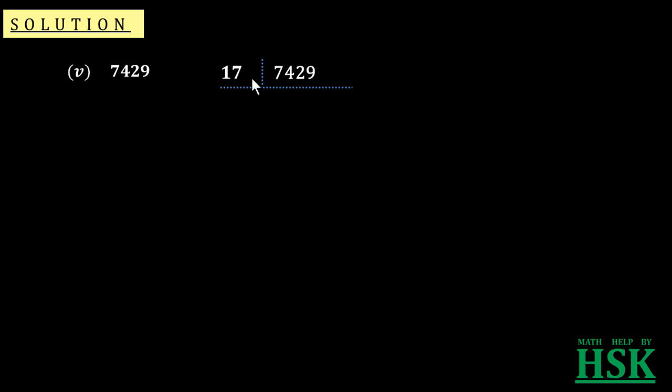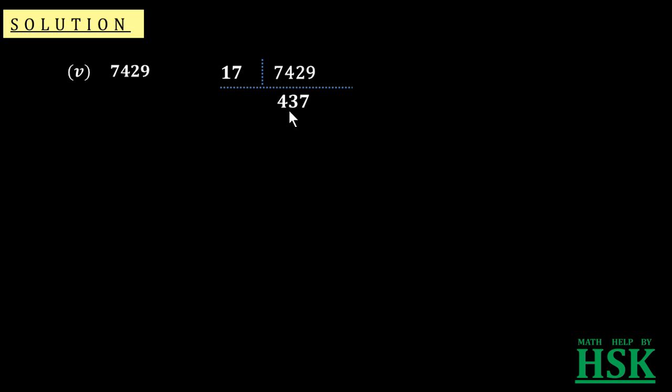When a number is divisible by 17 and not divisible by the smaller prime numbers, this means that the remaining quotient would be divisible by a prime number equal to 17 or greater. Dividing this by 17, I get 437.